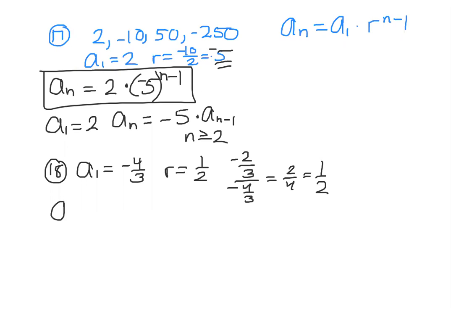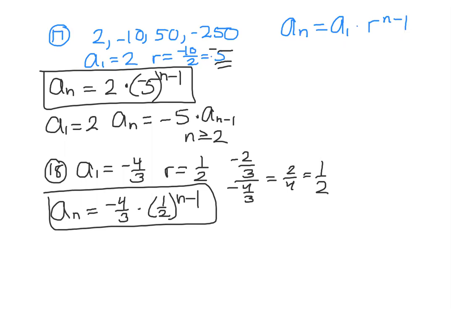So our explicit is a1 times r to the n minus 1. And our recursive is a1 equals negative 4/3, an equals r, which is a half, times a sub n minus 1 for n greater than or equal to 2.